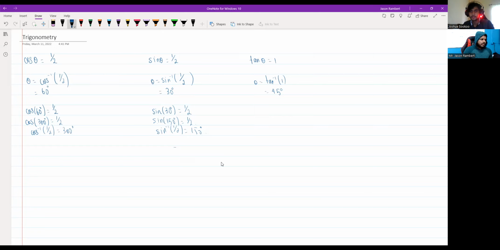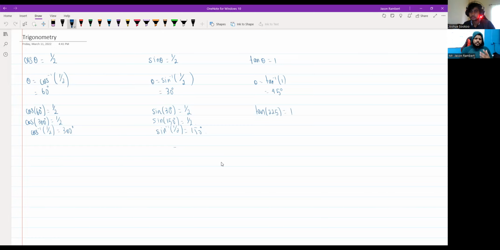What about tan of 225 degrees? What is that? Also 1. That is equal to 1, which means yet again I end up with a similar situation where I have more than one angle satisfying a trigonometric equation.